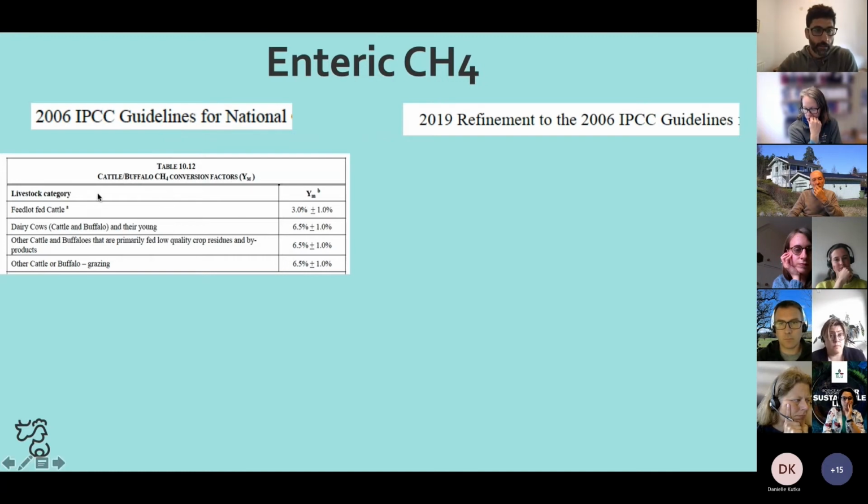If you can see, for dairy cattle, there is a fixed emission factor allocated, 6.5, which is just a fixed one, regardless of the system where the dairy cow is raised. And for beef cattle, it can be either 3 or 6.5, but there were no other options for choosing.